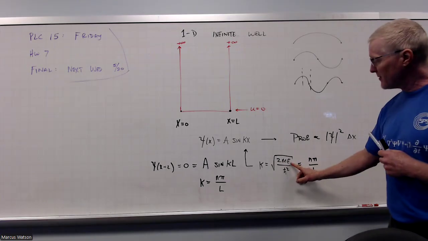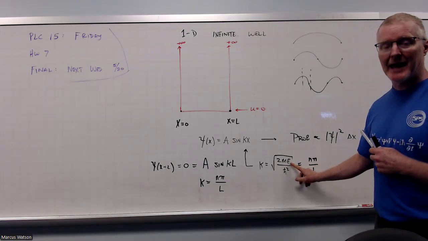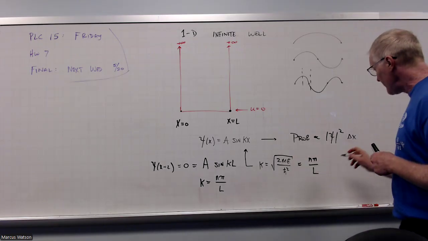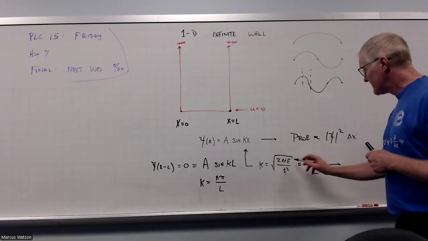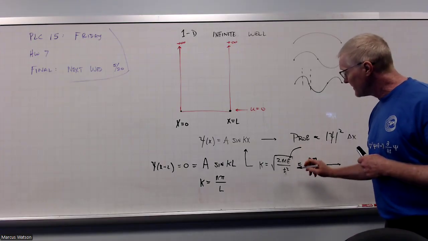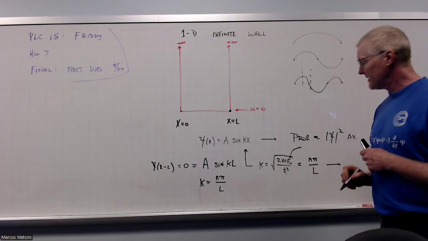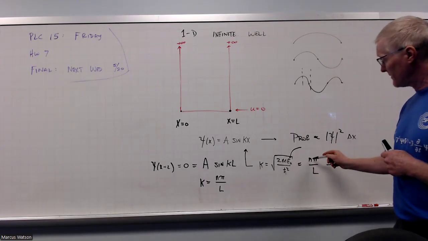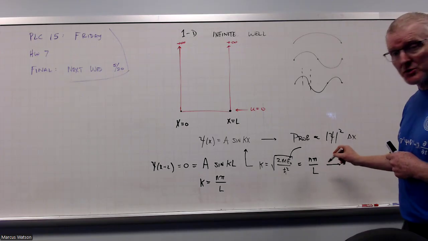And it gives us information about what the allowed energy spectrum is going to be. In other words, if I solve for the energy values here, these are going to be little E_n values, right? I'm going to have E1, E2, E3 based on what n value I choose here.